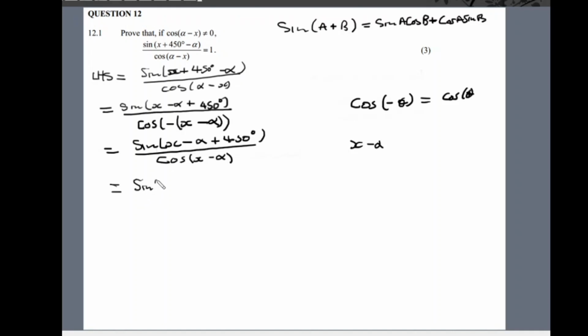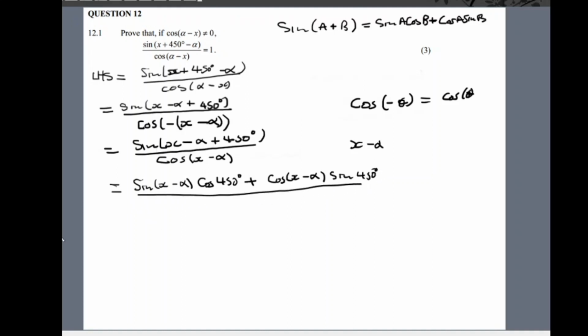sine x minus alpha cos 450 degrees plus cos x minus alpha sine 450 degrees, right?